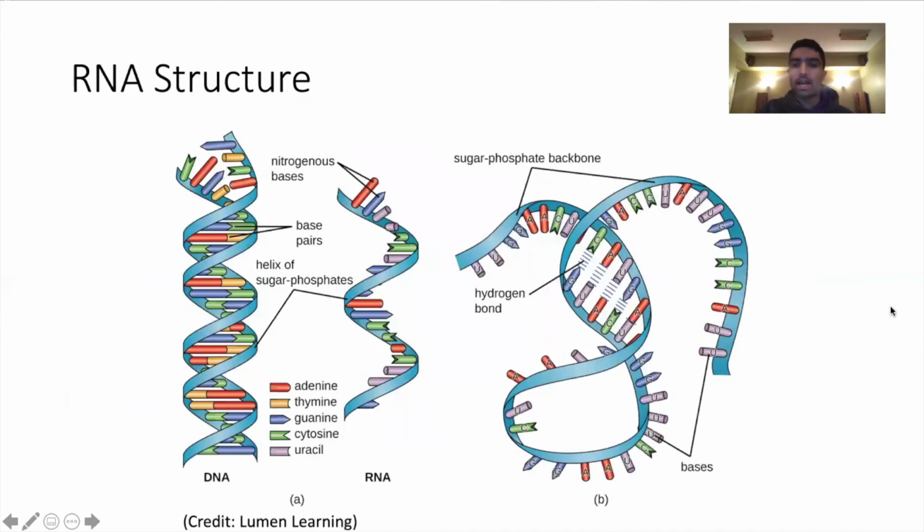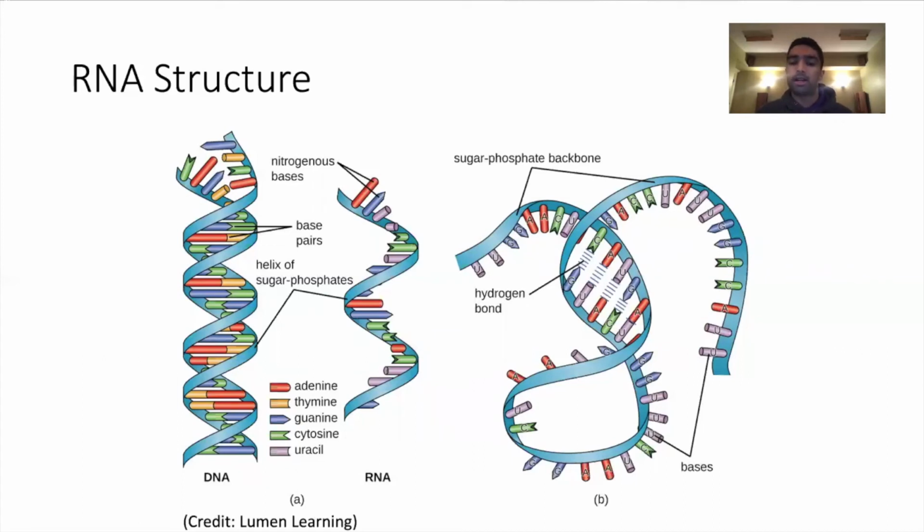So I kind of talked about this a little bit earlier, but here's a diagram to explain it a little bit better. So on the left, you can see the structure of DNA, and on the right, you can see the structure of RNA. And what's really interesting about RNA is that unlike DNA, it's very flexible. So DNA has a stiff double helix, right? And that gives it a lot of stability, but it's not able to bend around as much, even though it coils in chromatin, as I talked about earlier.